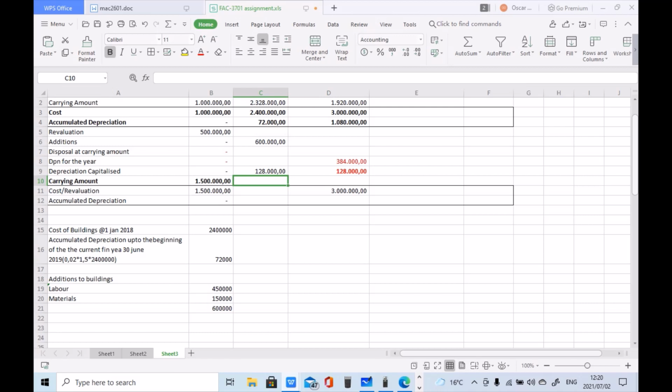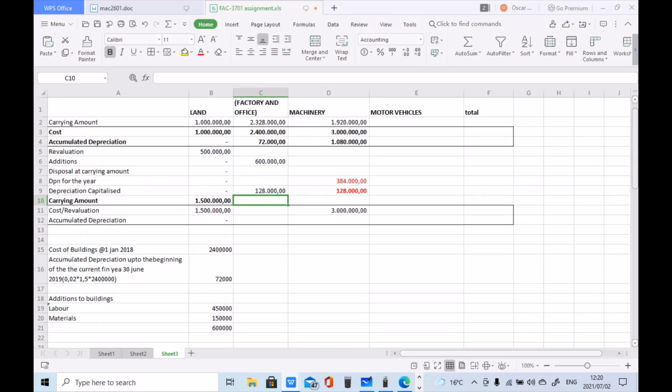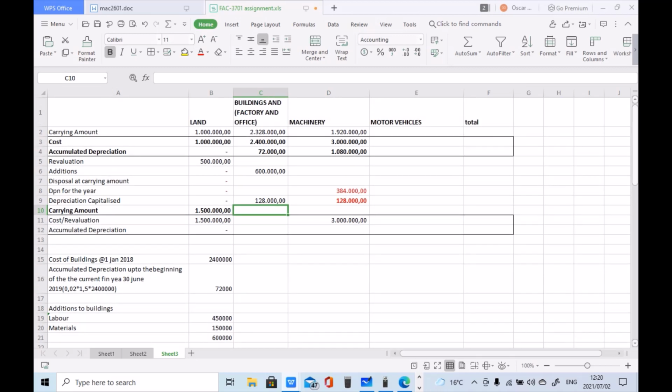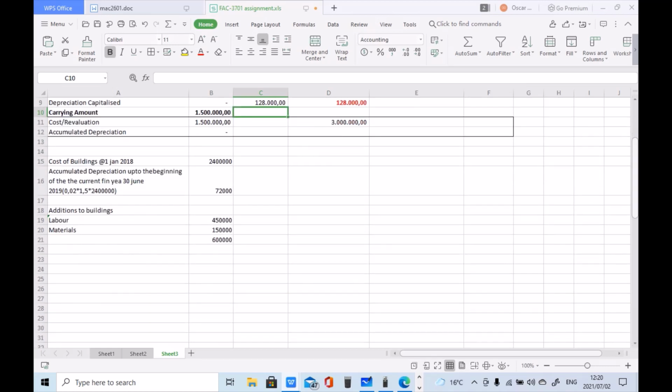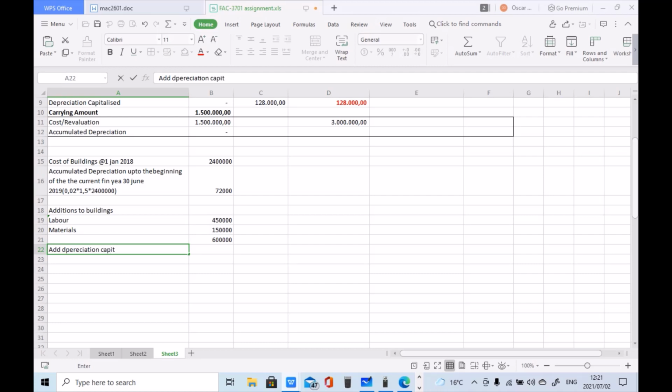You are deducting on equipment because you withdrew your equipment from normal use, and adding it to the building. Now, the total cost of additions: you're going to add depreciation capitalized, which is equal to the 128 there.